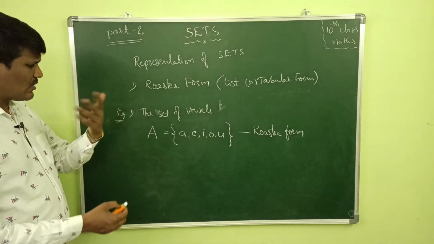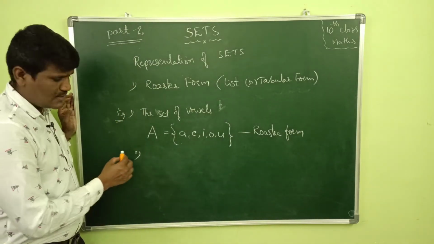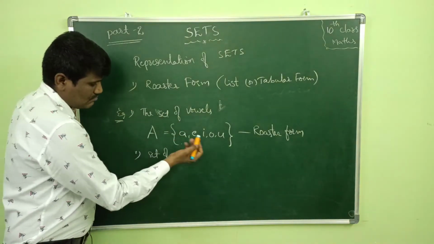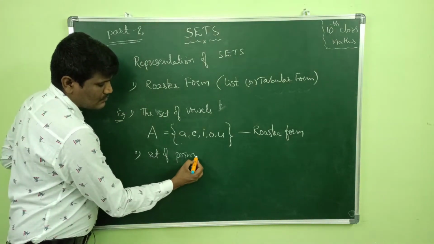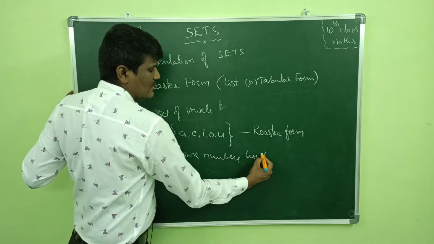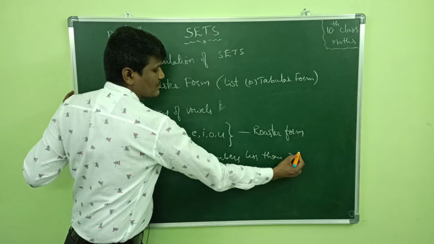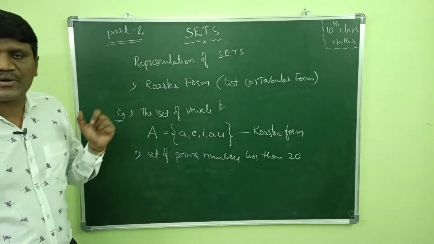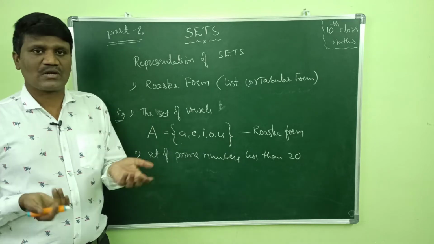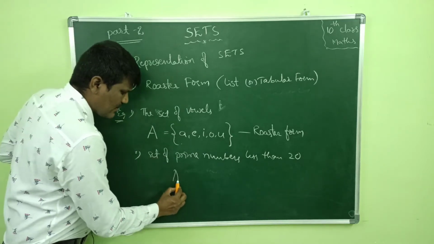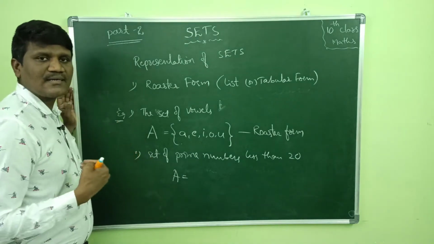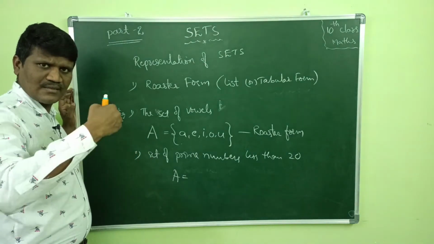If I take one more example, the second example, the set of prime numbers less than 20. How to write this in roster form? I will take the first set as capital A, the second set as capital B, the third set as capital C, like that.